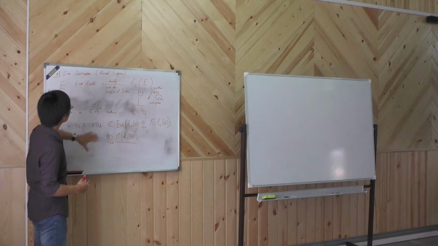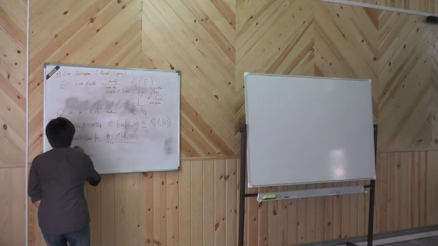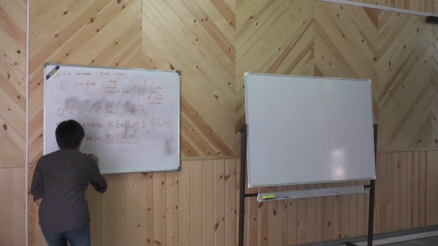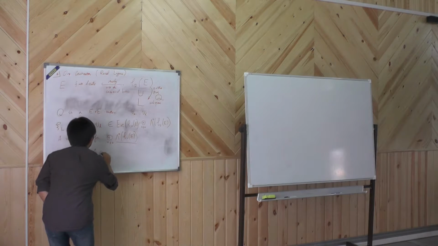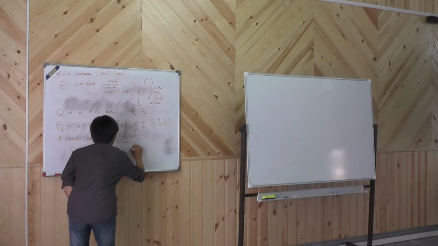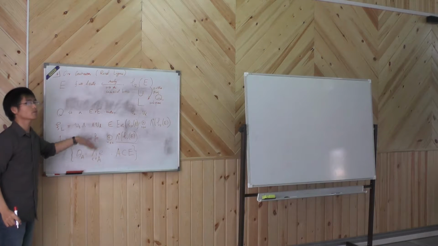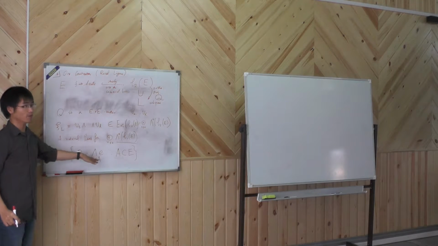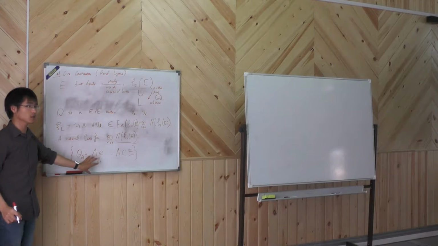And since we identify the basis with the set, we have such notation sigma A, which is the exterior product of these for A a subset. Of course, this is defined only up to plus minus 1. But we can, for example, fix our ordering here.